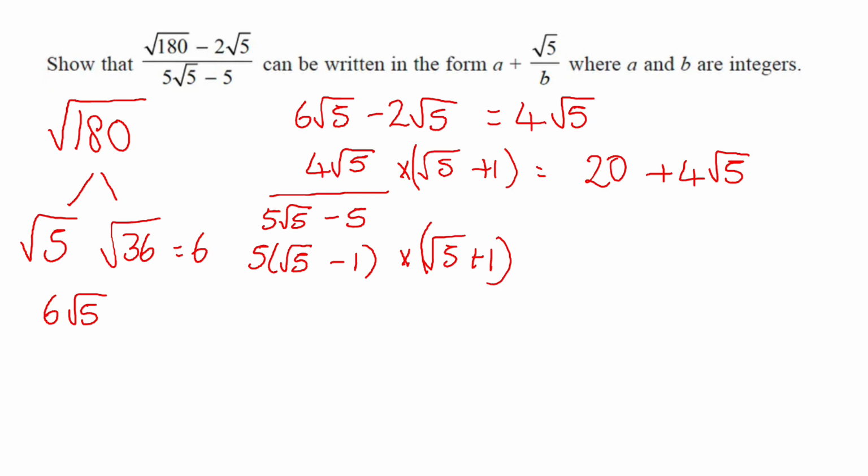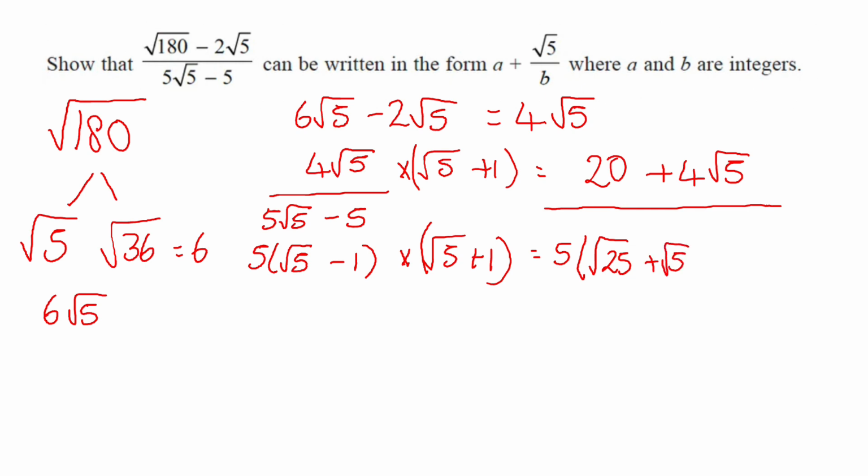Then I'm going to look at my denominator. So this one here, I've got obviously a double bracket. I'm going to worry about that 5 afterwards, and I'm just going to expand this double bracket out. So I'm just going to put my 5 outside. So I've got root 5 times root 5, which gives me root 25. I've got root 5 times 1.